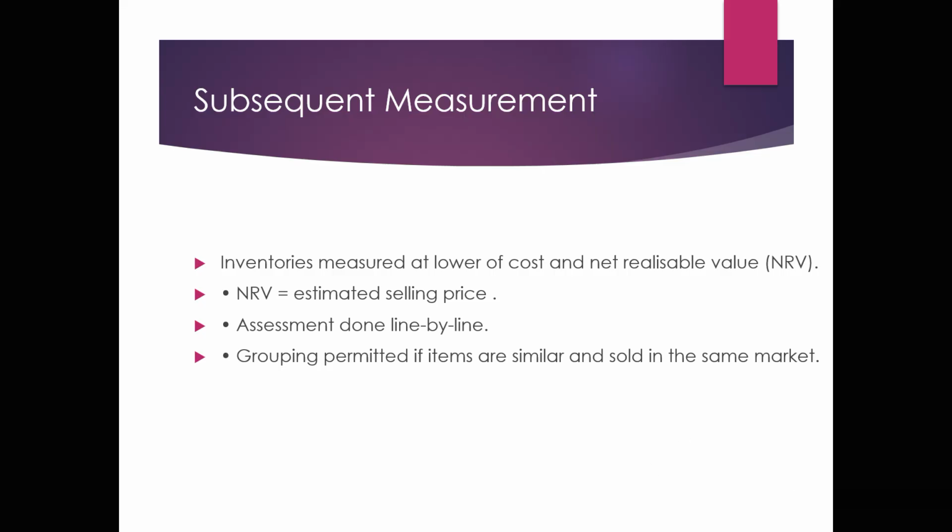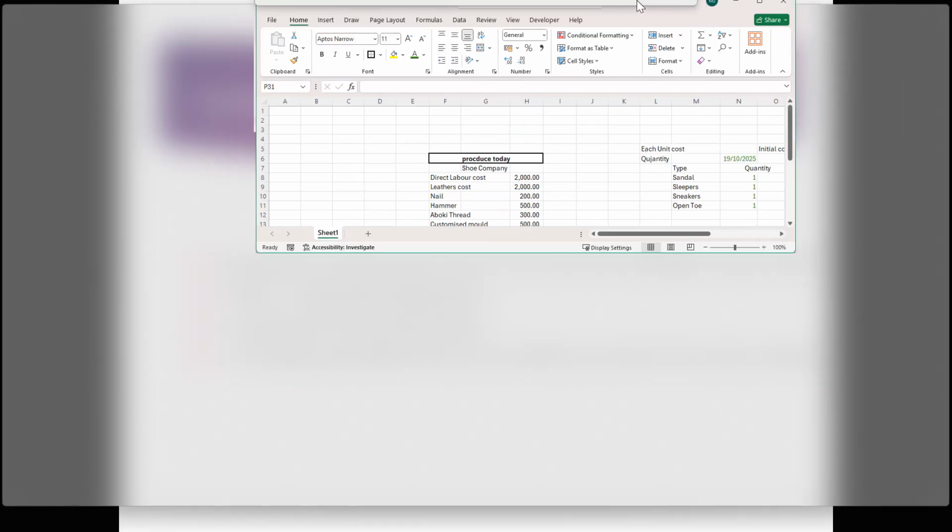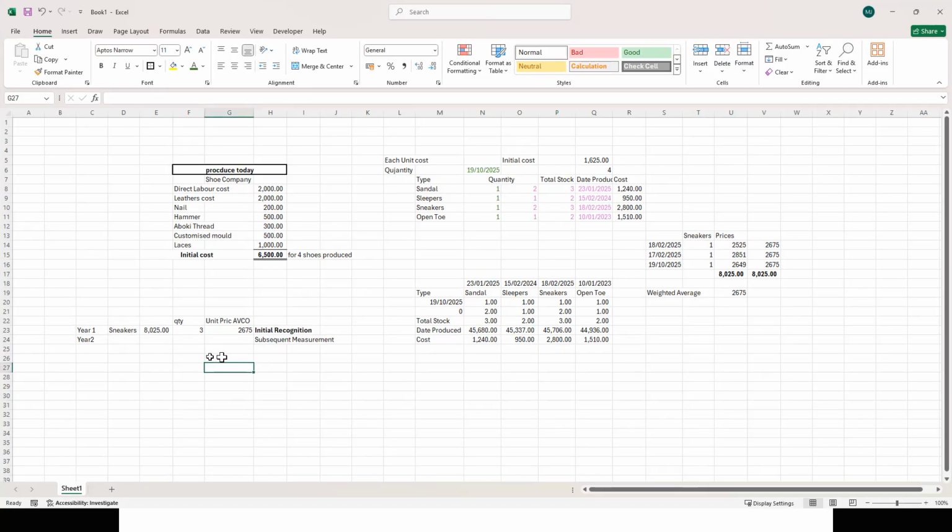If you're not saying it has to be measured using lower of cost and net realizable value, I'm not going to explain that to you. The cost at initial recognition is 2,675. Now we look at the following year, these same sneakers, with a quantity of three. The way to recognize is to ask whether this inventory has been sold at all in the year.